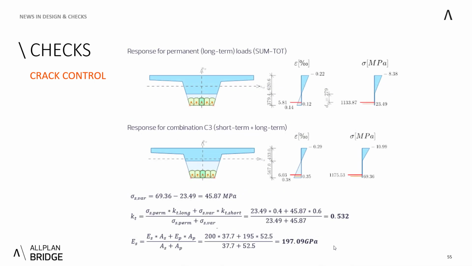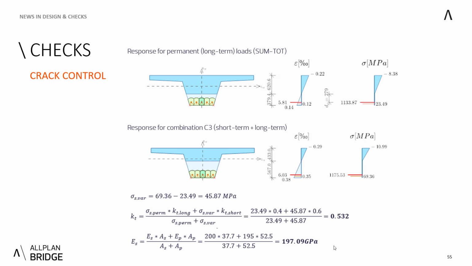On the other hand, we need to cover the difference of the strains between the concrete and the rebars. And to do that, I need to explain to you a little bit how the kT factor, considering the duration of the loads, is again working as a weighted ratio.